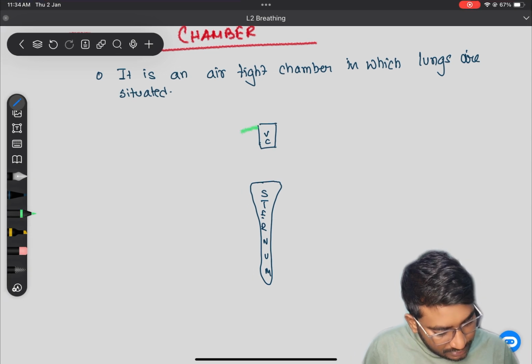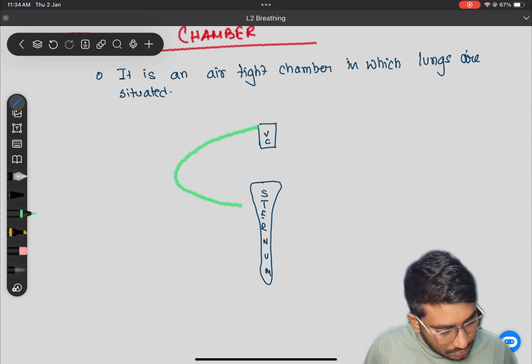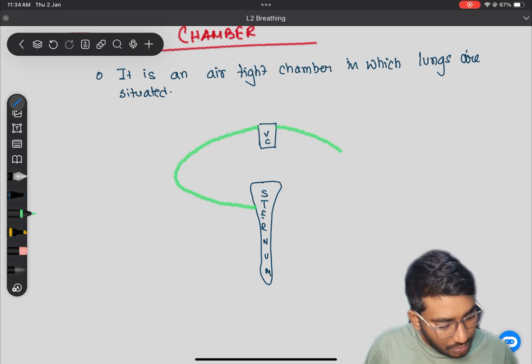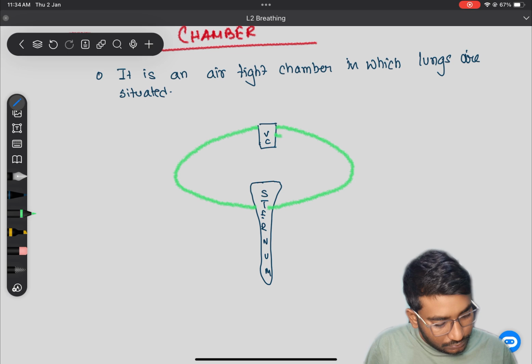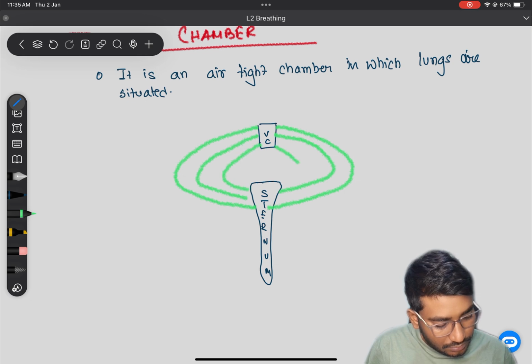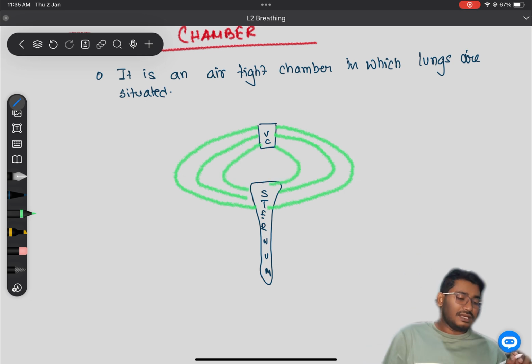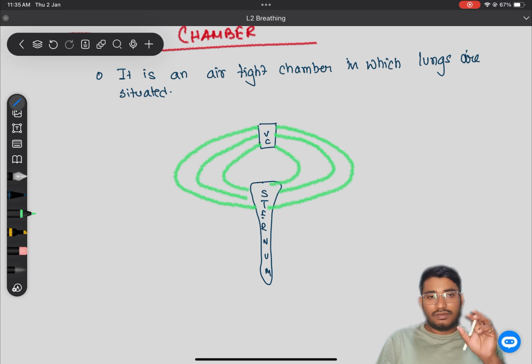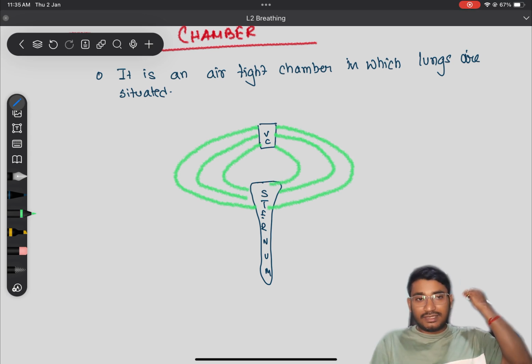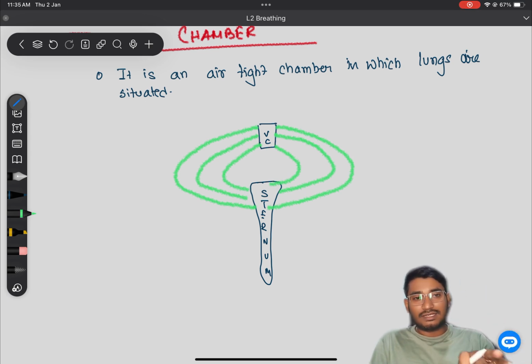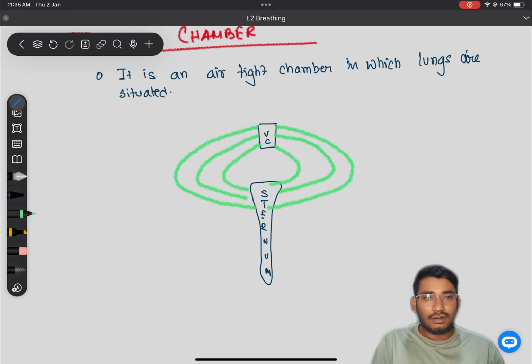Three ribs are there which join with the vertebral column at the back side and with the sternum in the front. These are true ribs. The ribs which join at the dorsal side, that is the vertebral column, and the frontal side in the sternum, these are called the true ribs.